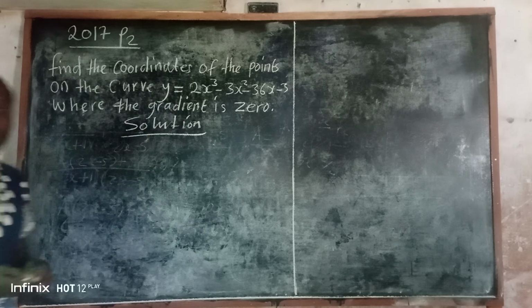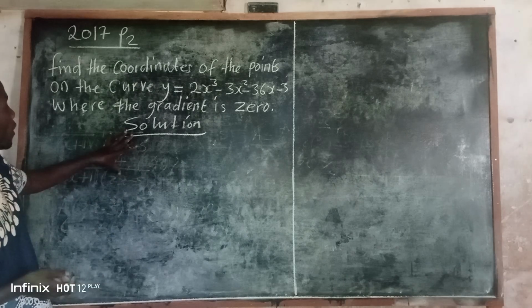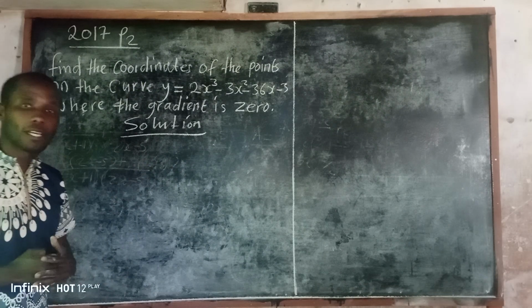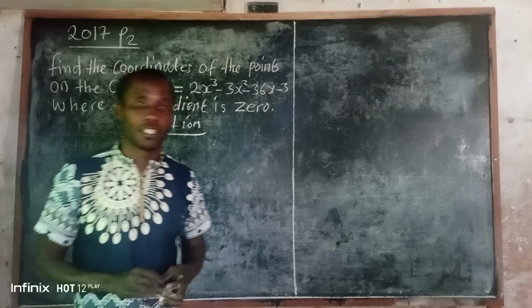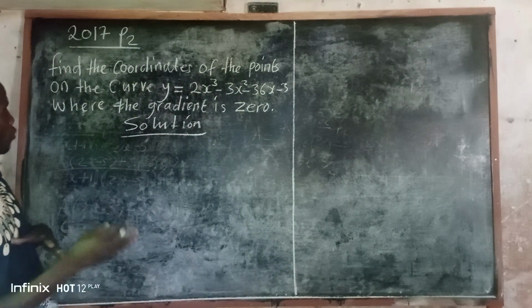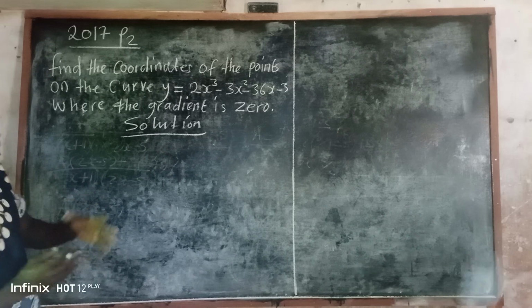Okay, so one thing that you must understand is that calculus is the branch of mathematics that deals with the rate of change. So that means it is a branch of mathematics that deals with the gradients.